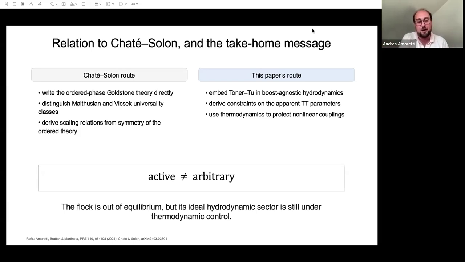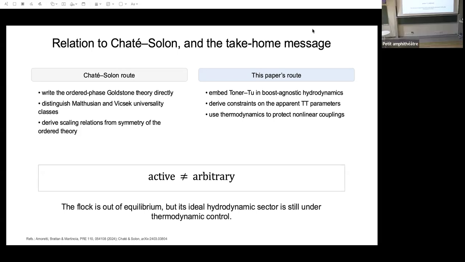You start with your generating function, which tells you the ideal hydrodynamic part, and you have a dissipative term, and this potential belongs to the dissipative part. Of course, you cannot fix that, but what we said is that most of the ideal terms, using boost agnostic generating function, are fixed by the thermodynamic condition. That's the point.